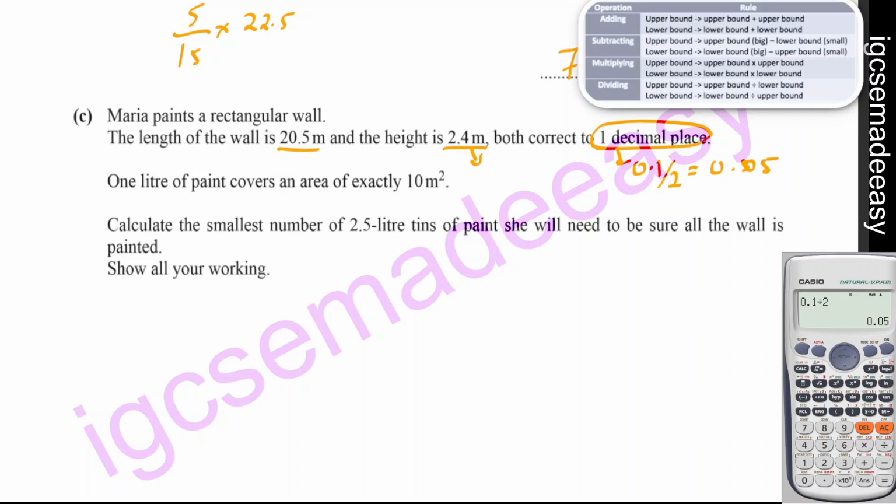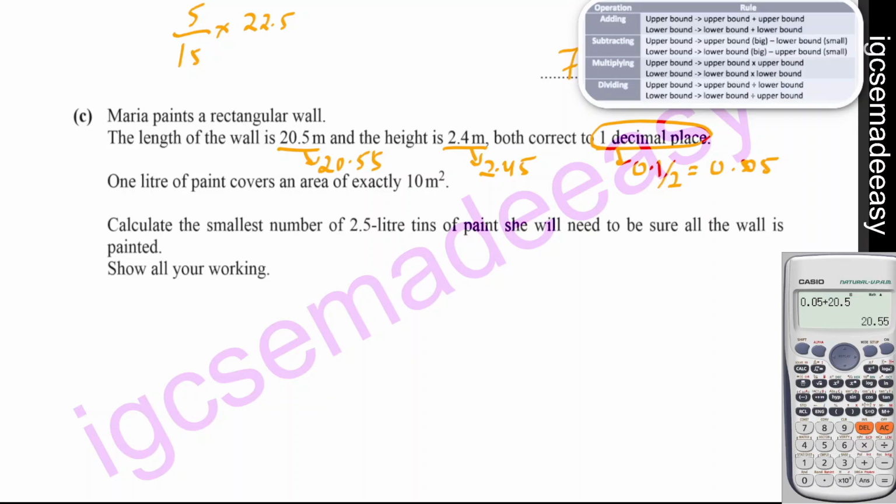I need the upper bound in both cases, as I told you for multiplication. So I add 0.05 to 2.4 and get 2.45, and here also I add 0.05. 0.05 plus 20.5 gives you 20.55.